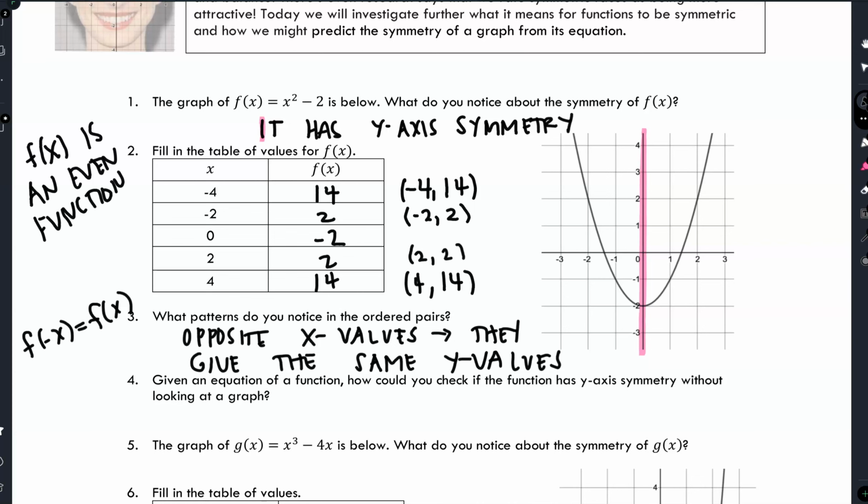Just like I said, plugging in the opposite x values. Alrighty.